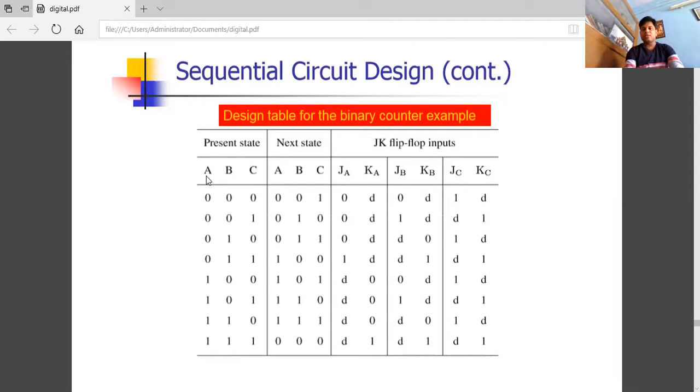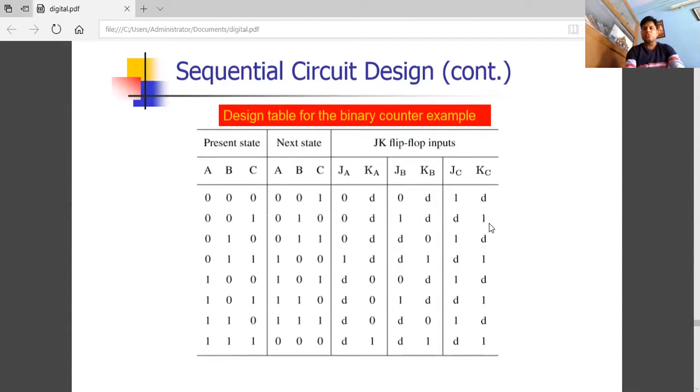Present state A and next state A are 0 0, so the excitation table value of JK is 0 and don't care. For B, 0 to 0, again 0 and don't care. When C present state is 0 and next state is 1, the excitation table value is 1 and don't care. Another: 0 to 0 gives 0 X, 0 to 1 gives 1 X, and 1 to 0 gives X 1.